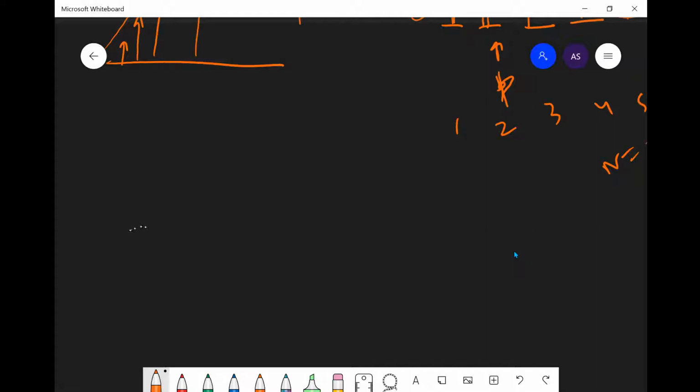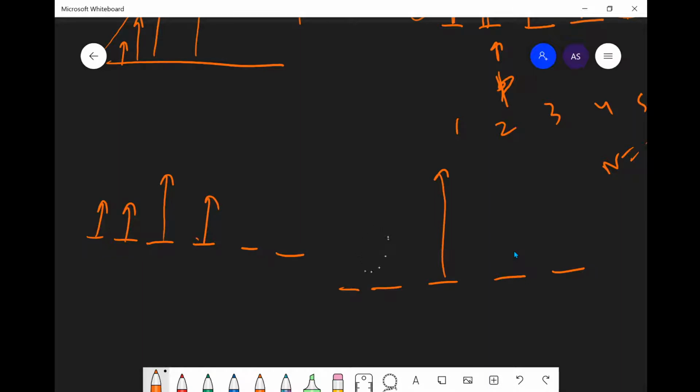Because there is some repetition, suppose we represent it using a height diagram, and suppose these two values are repeated, and suppose this was the maximum height. The height should be strictly less than it at each and every step.